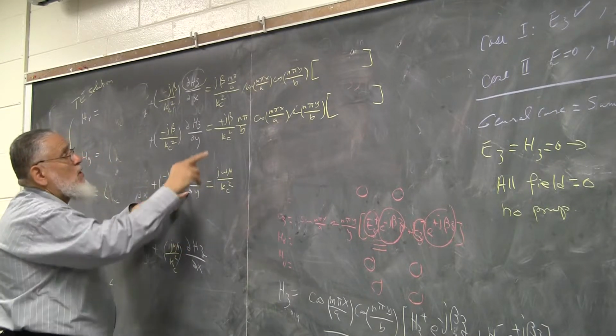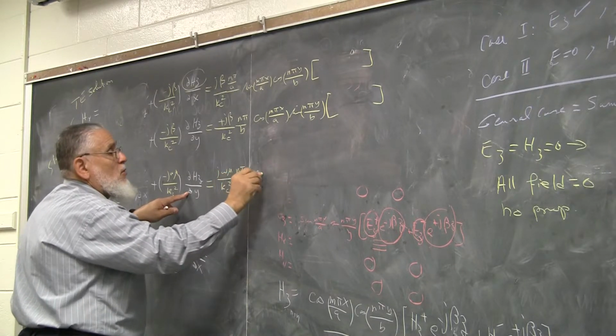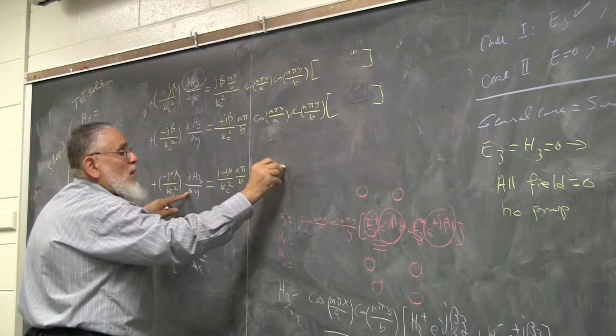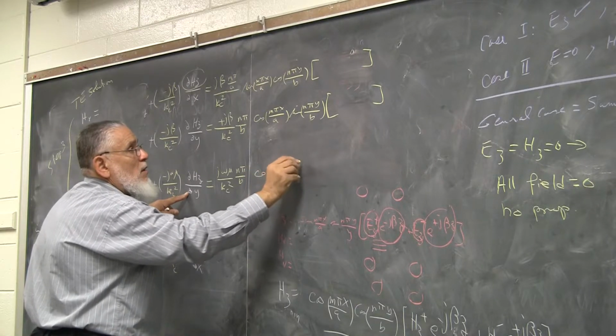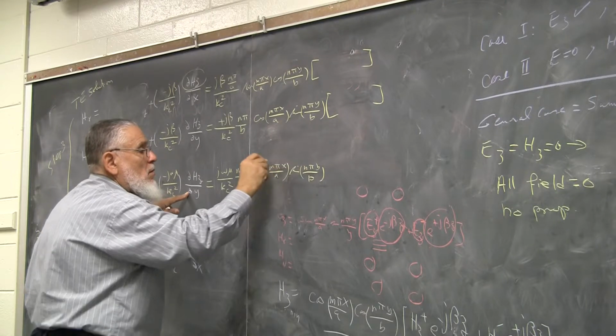I differentiate with respect to y and get n pi over b, cosine m pi x over a, sine n pi y over b, square bracket.